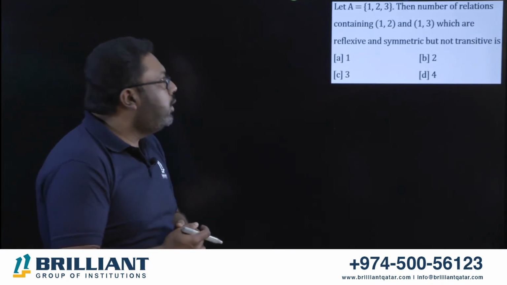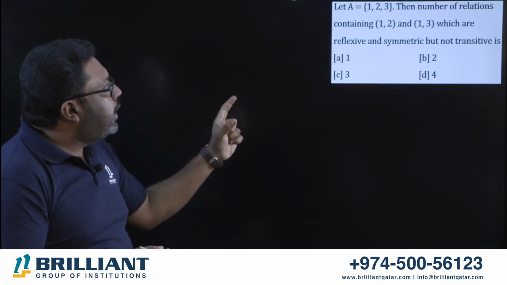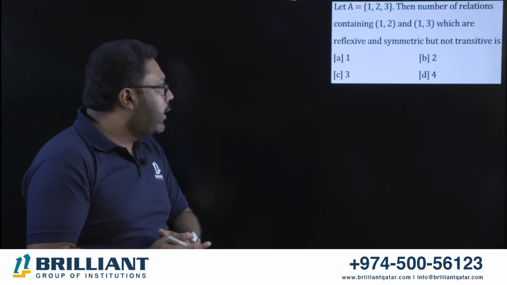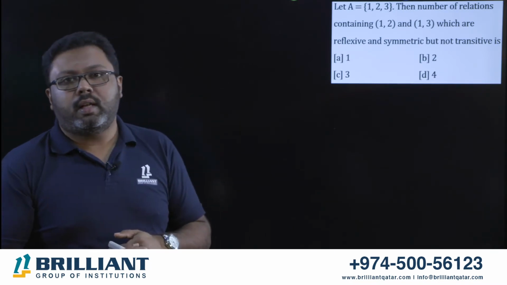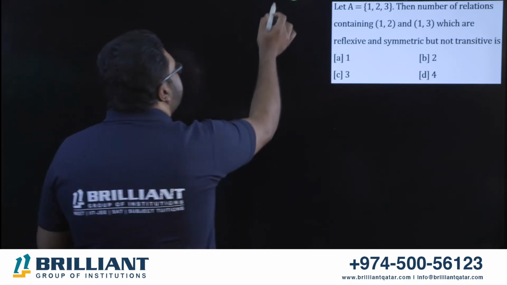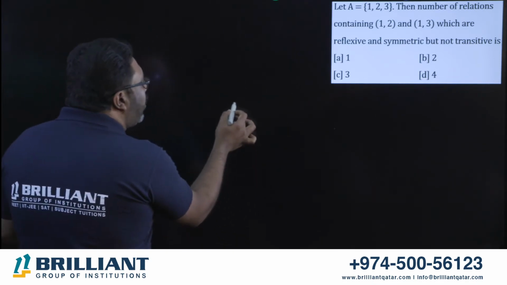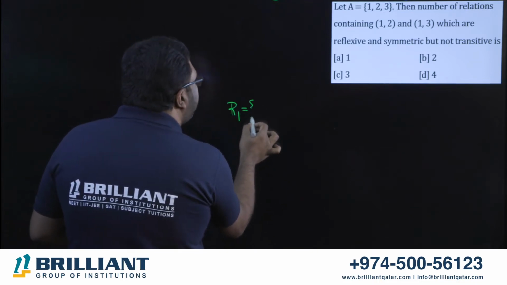A is equal to 1, 2, 3 and the number of relations which are containing 1, 2 and 1, 3 which are reflexive and symmetric but not transitive. So you know how to already write the relation, right? So I'm going to write the first relation which is reflexive.